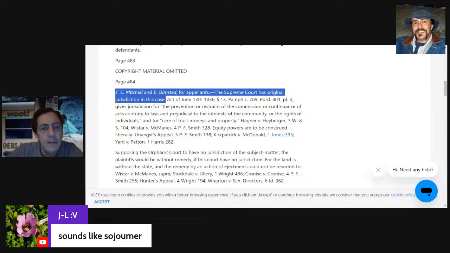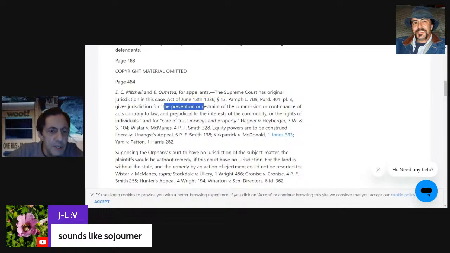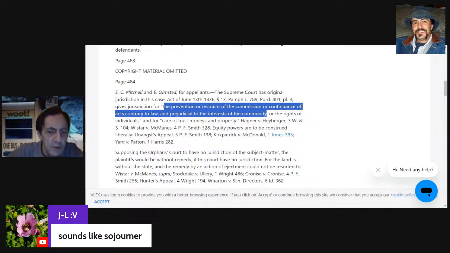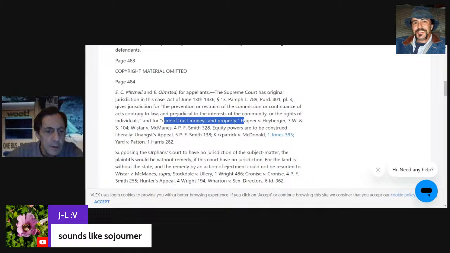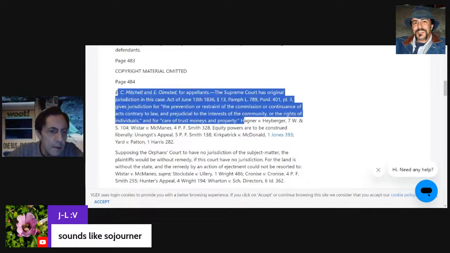Act of June 13th, 1836, Section 13, gives jurisdiction for the prevention or restraint of the commission or continuance of acts contrary to law and prejudicial to the interests of the community or the rights of individuals, and for care of trust monies and property. Hagner versus Hayberger. So we are talking about trust. We are talking about property. We are talking about equity, rights, interests, and title.